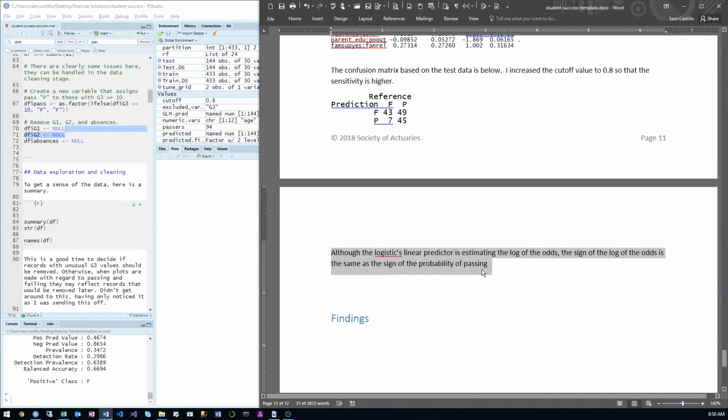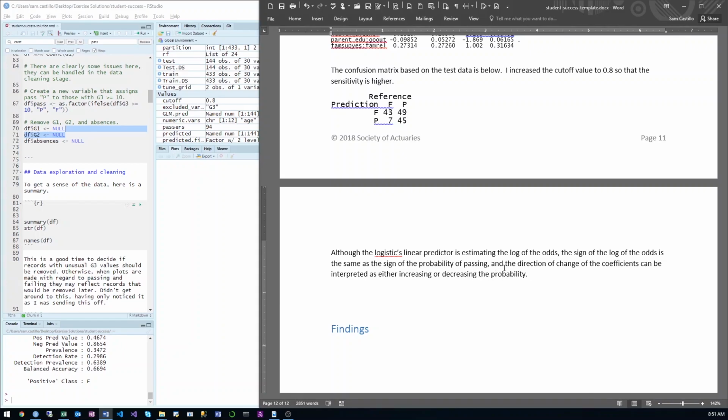Although the logistic predictor is estimating the log of the odds, the sign of the log of the odds is the same as the sign of the probability of passing, and so the direction of change of the coefficients can be interpreted as either increasing or decreasing the probability.